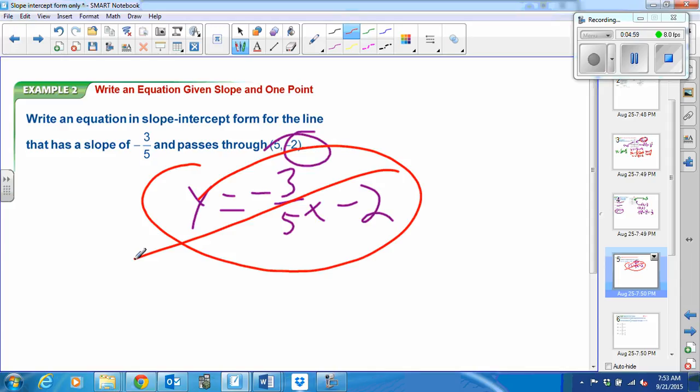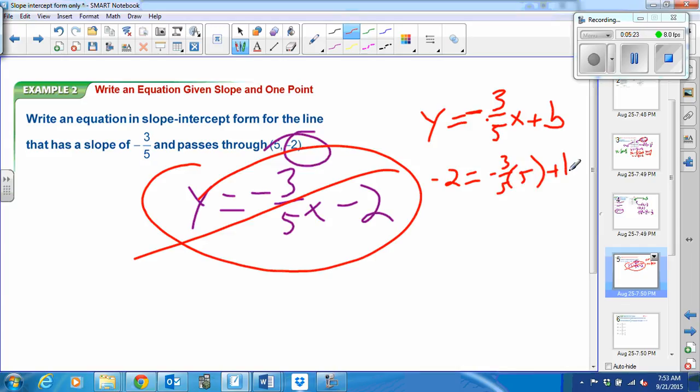So we know that we have a slope of negative 3/5. So we know we have y equals negative 3/5 x plus b. Now we need to plug in that point, and that's (5, -2). So we're going to say negative 2 equals negative 3/5 times 5 plus b.